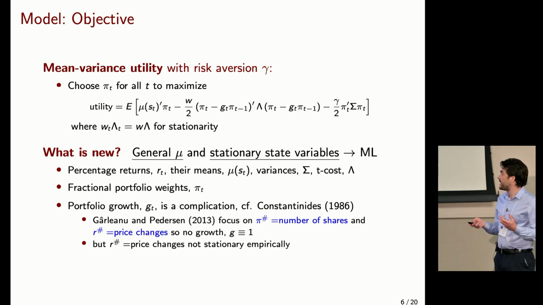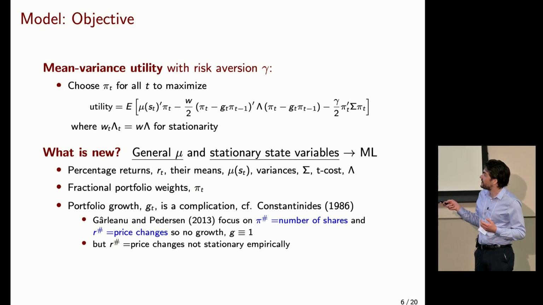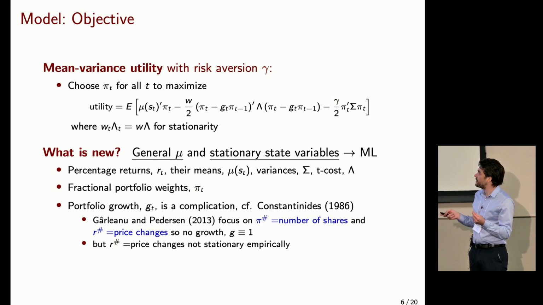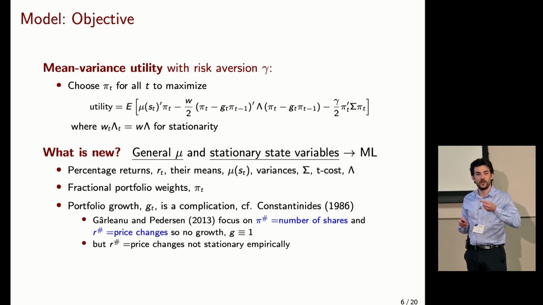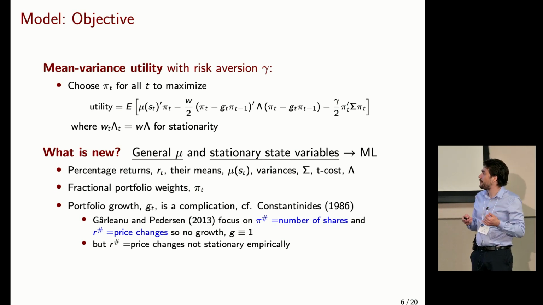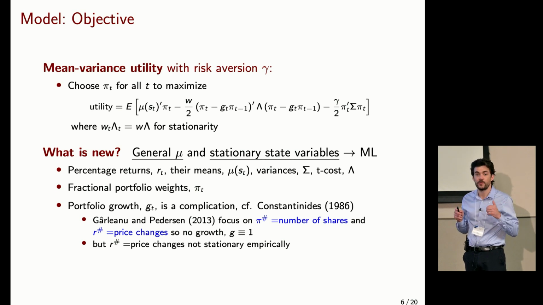So our paper on the theoretical side is closely related to the Gârleanu and Pedersen paper. But Gârleanu and Pedersen focus not on fractional portfolio weights, but rather the number of shares that you're holding. And therefore they have to think about returns in terms of price changes rather than percentage returns.